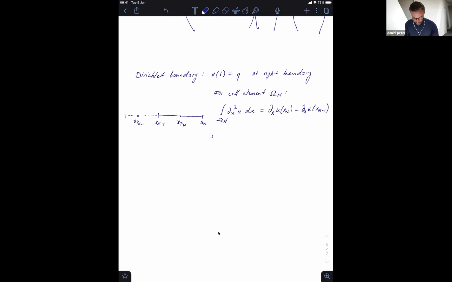So the question here is now, what is this derivative at the boundary point xn, when we have no information from a neighbor Pn plus 1?